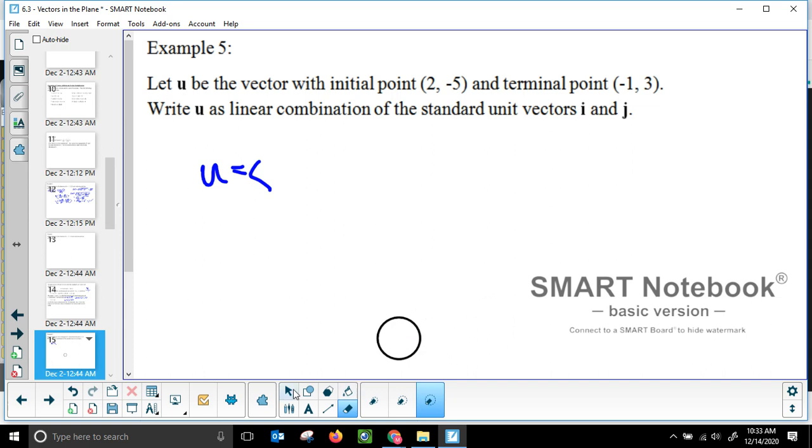This is really weird. Sorry guys, this is my first time using this pad that allows me to write on this software.